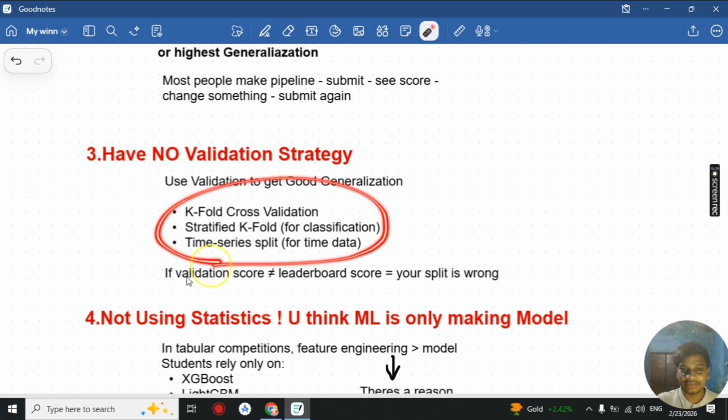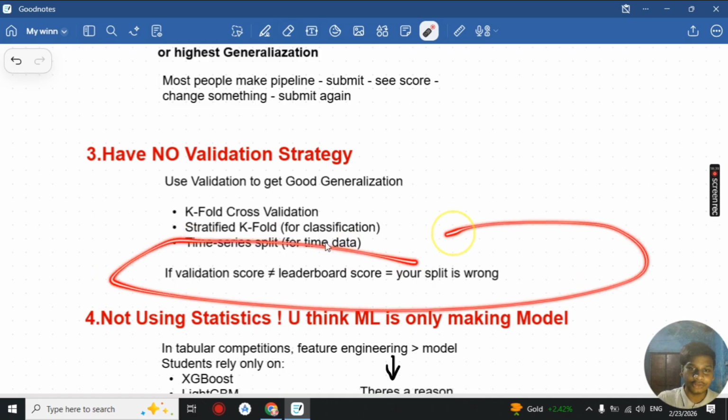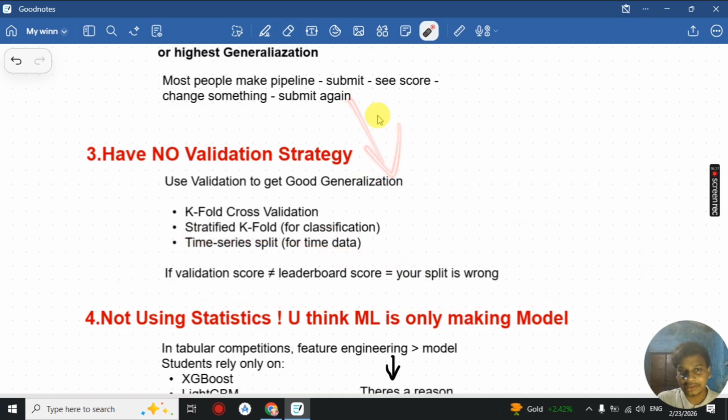For our normal models we could use stratified k-fold or the time series split here, okay. If the validation score does not equal the leaderboard score, then I would say your split is wrong here, okay.